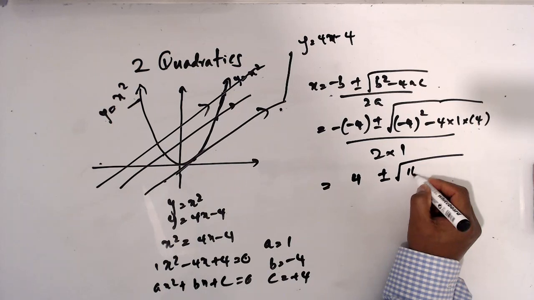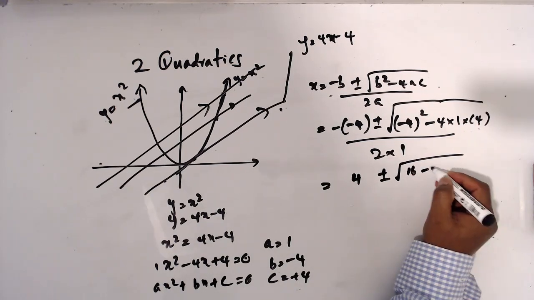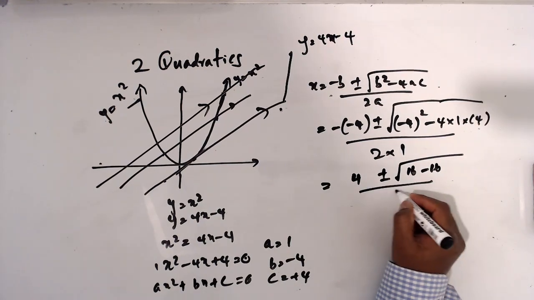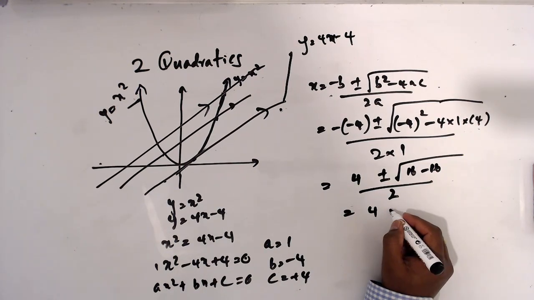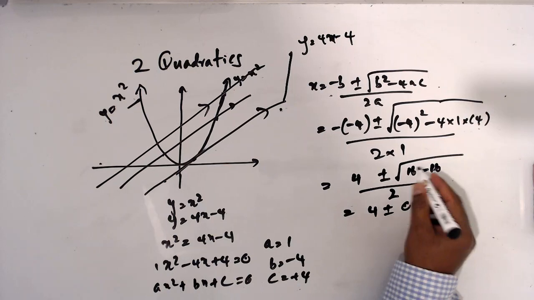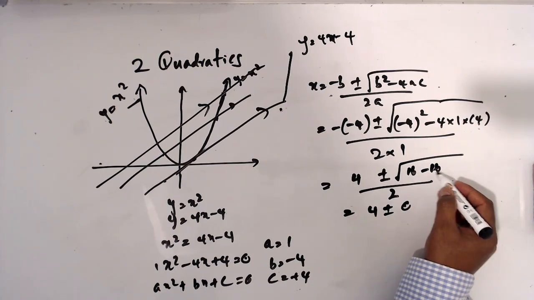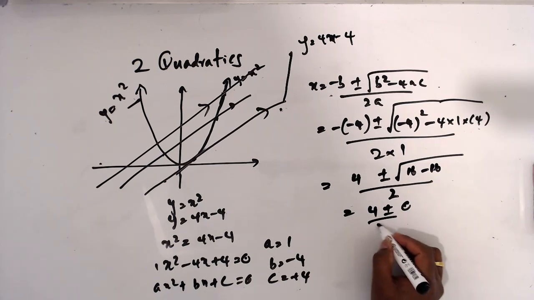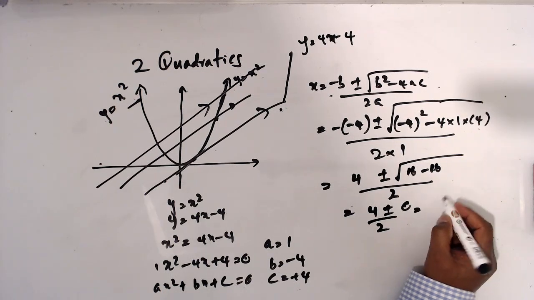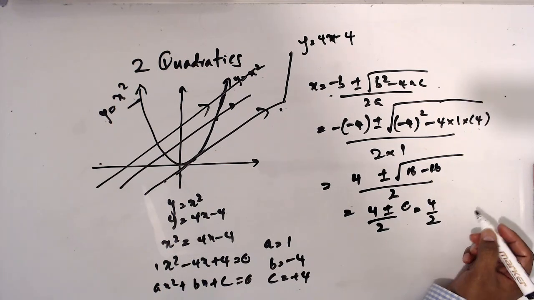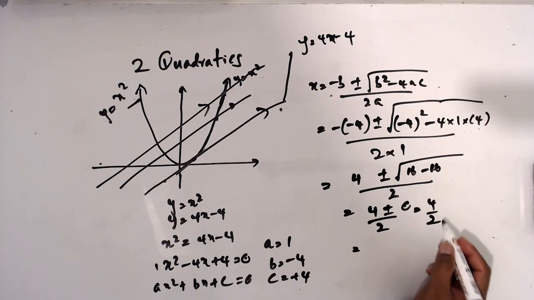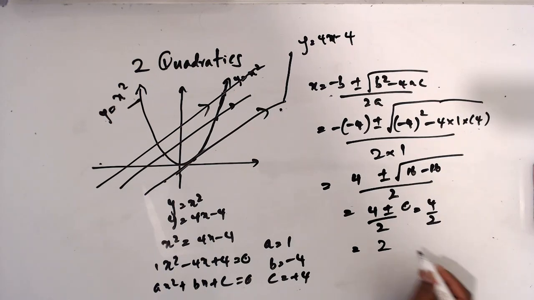the square root of 16 minus 4 times 4, which is 16, over 2. So this is 4 plus or minus the square root of 0, since 16 minus 16 is 0, over 2. Basically 4 over 2, so we have only one solution in this case, that is 2.